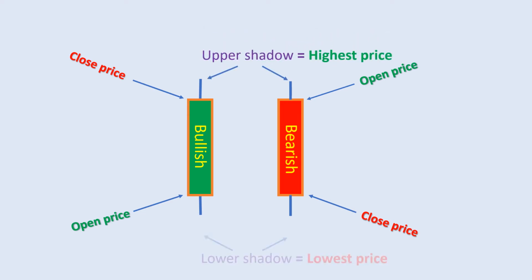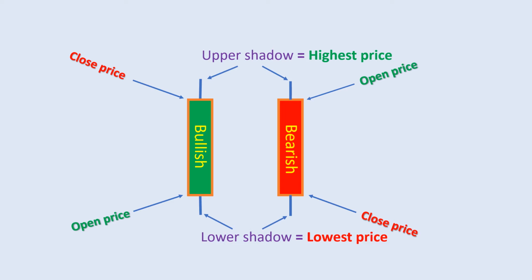The upper and lower shadows represent the highest and lowest price level for the duration of the candle. For example, if the time frame is 1 hour, then each candle represents 1 hour of trading. The bullish body represents the price range between the open and close for a set interval. The bearish body represents the price range between open and close for a set interval.